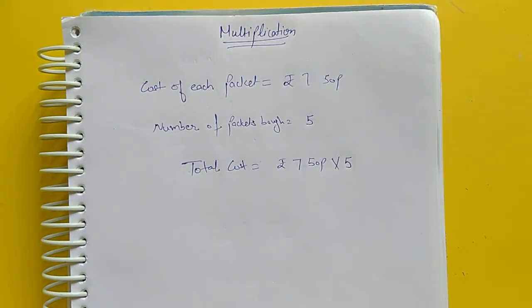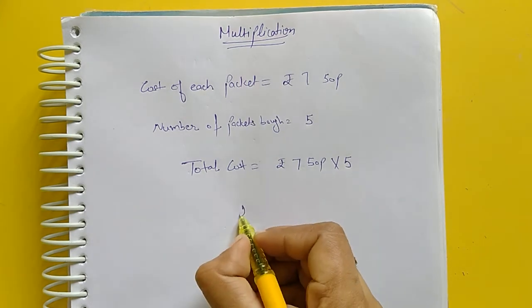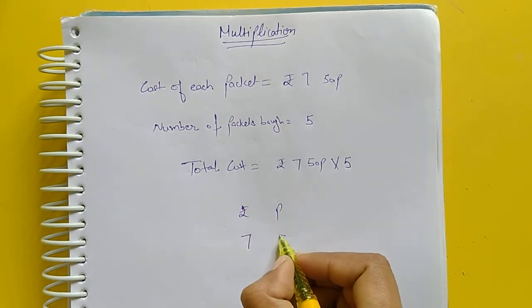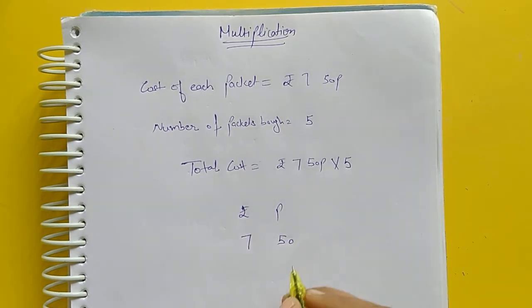Okay. So students, just like subtraction and addition, multiplication of rupees and paise separately. Okay. So write here rupees and here paise. 7 and 50. Now multiply with 5. 5 into 0, 0. 5 into 5, 25.